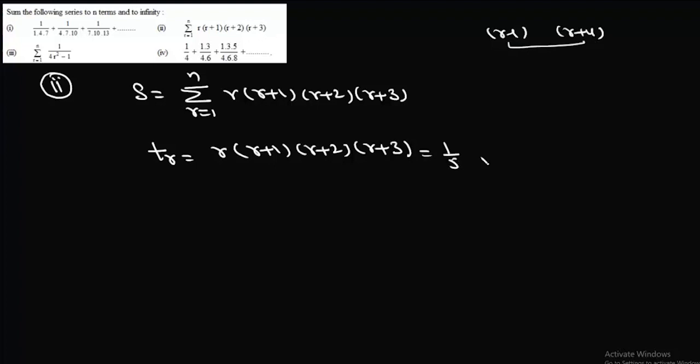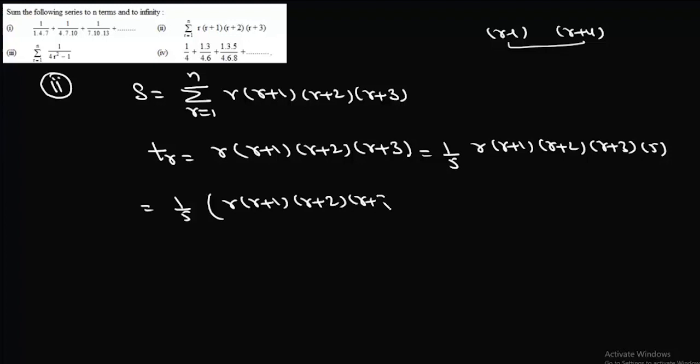So we can write 1 by 5, and this is r plus 1, r plus 2, r plus 3 into 5. Now we want to write this as 1 by 5, r plus 1, r plus 2, r plus 3, and we'll write this 5 as r plus 4 minus r minus 1, and we'll split it in two parts.